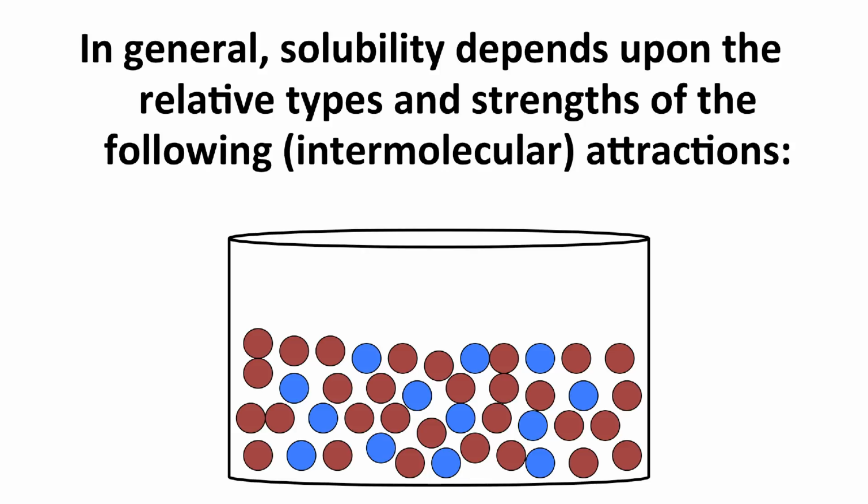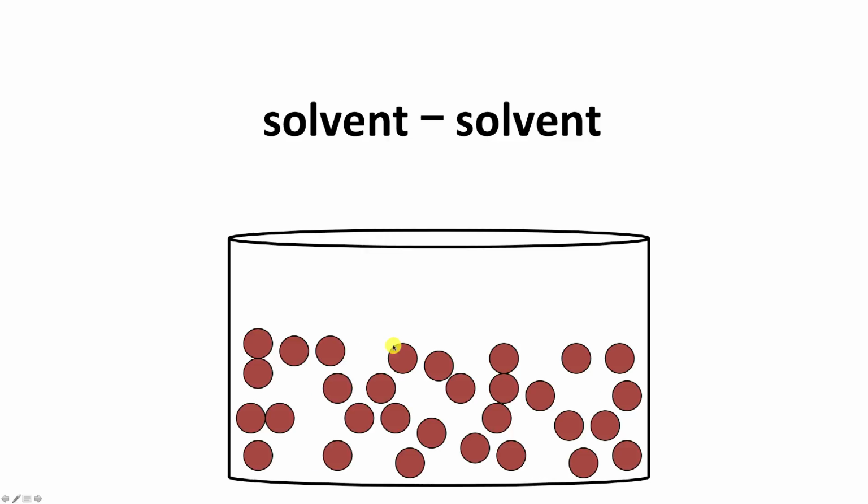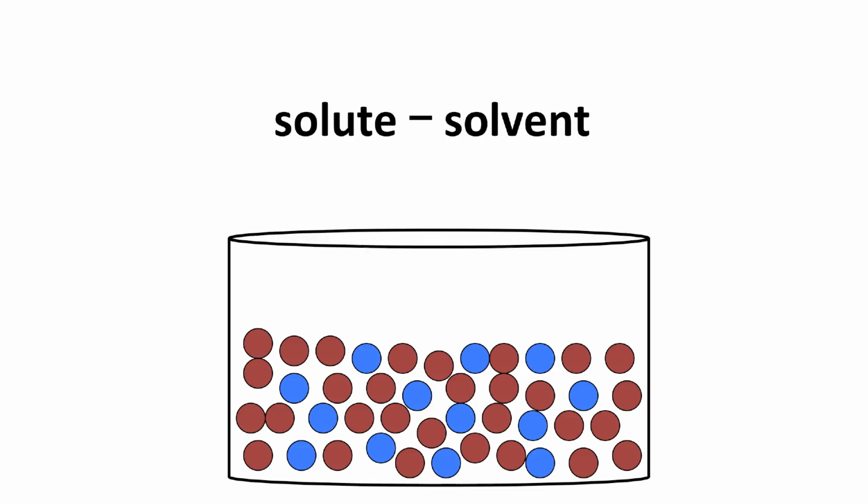The solubility of a particular solution depends upon the relative types and strengths of the intermolecular attractions between solute-solute particles, so how strongly they attract each other, solvent-solvent particles, how strongly they attract each other, and then the solution contains solute and solvent, so how strongly solute and solvent attract each other.